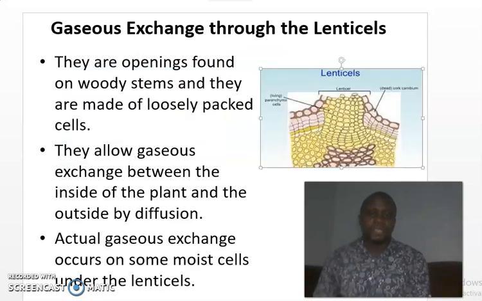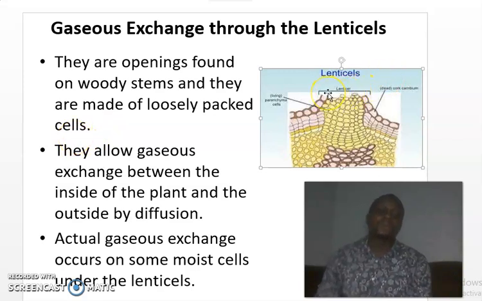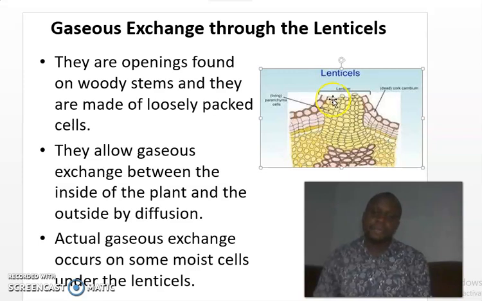Now, we have said that lenticels are openings that are found on woody stems, and beneath these particular openings, we have loosely packed cells. This is where gaseous exchange occurs. So they allow gaseous exchange between the inside of the plant and the outside by diffusion.